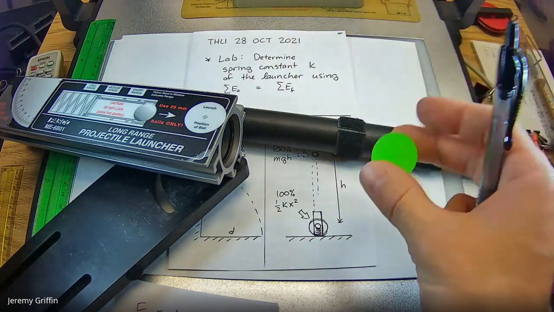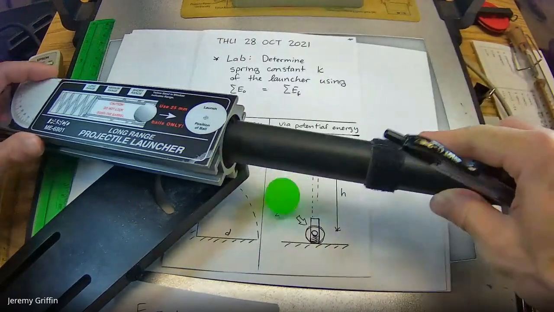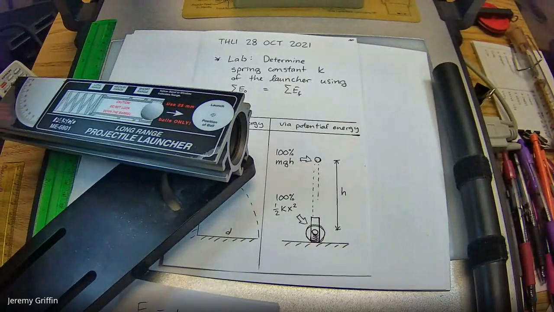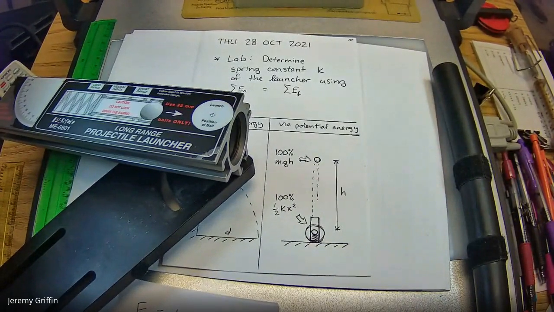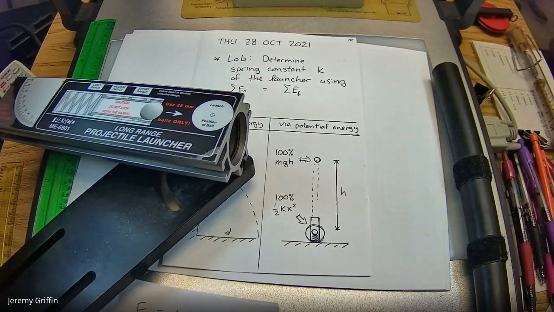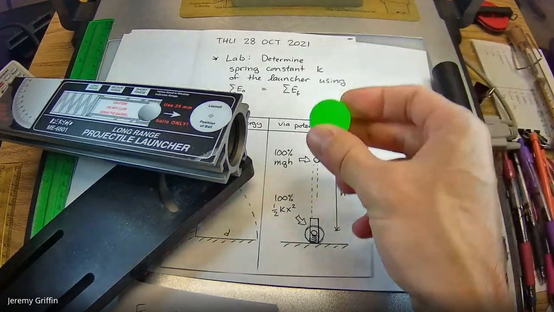Okay? So here's what you guys are going to do instead. Use the ramrod first. Go click, click, click, like so many clicks. And after you ramrod it, then put the ball in.